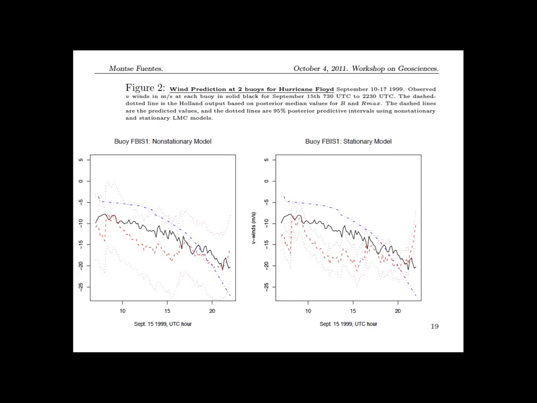And what you get in red, the dashed line in red, is what you get when you use this hybrid approach where you combine the Holland model with the data, and a relatively simplistic model that is just stationary.